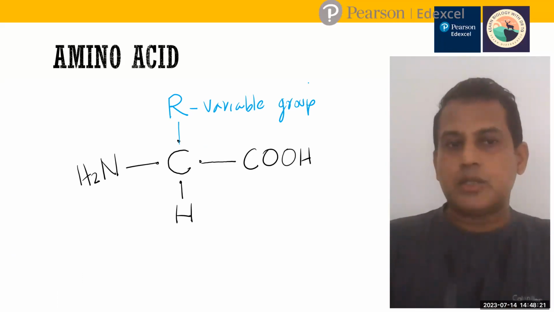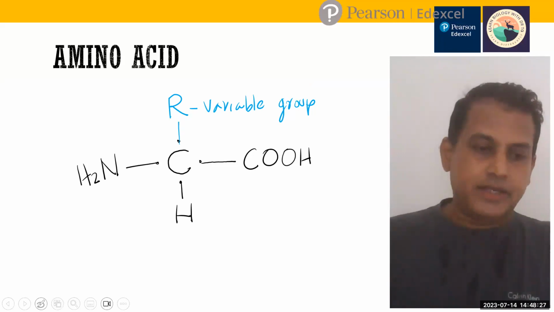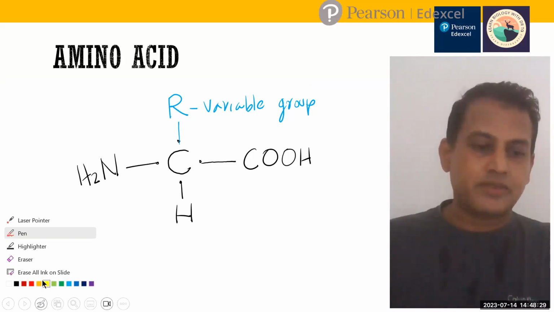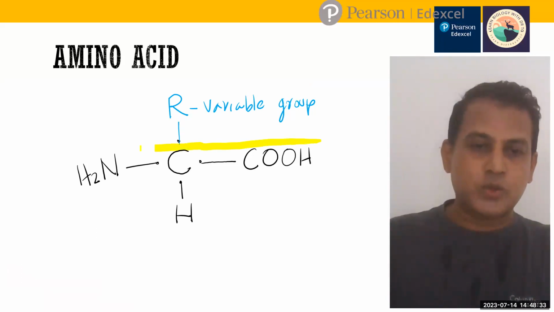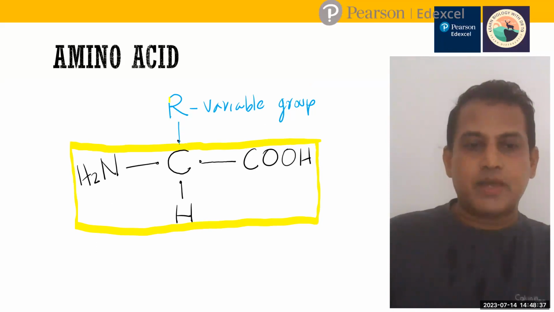So this is the basic structure of an amino acid. And again, the important thing we should highlight, this one is common to all amino acids, and the R group is changing to a different amino acid.